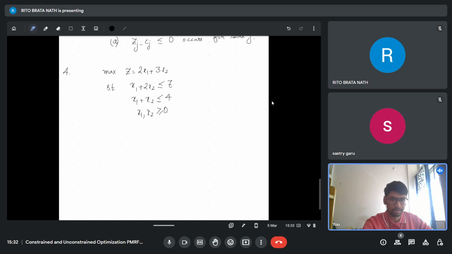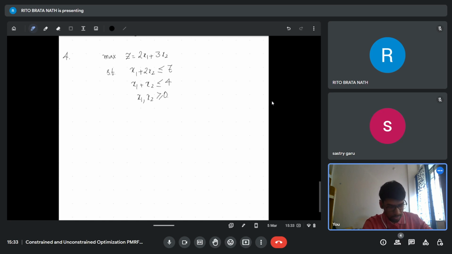So initially your solution is feasible. So there is no point in even using the dual simplex method here. But if you want to solve it using the dual simplex method, you have to do some transformation. So that's all about the problem. Let's do this problem actually.